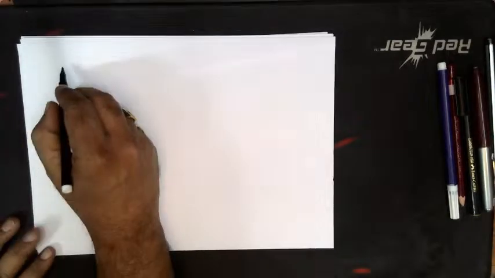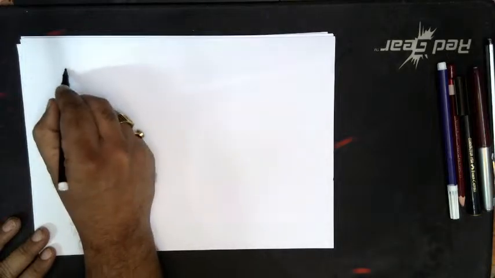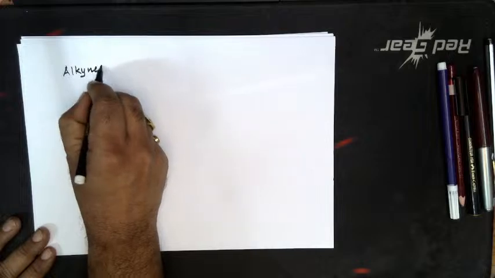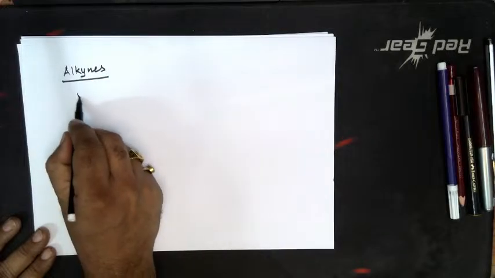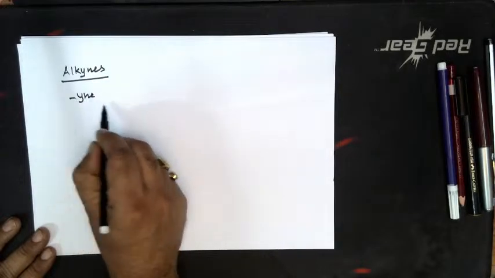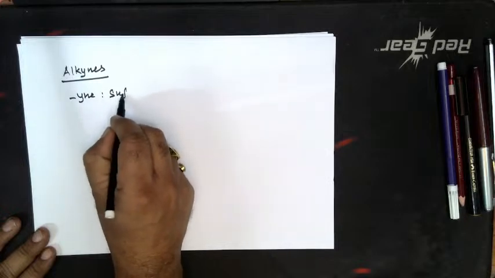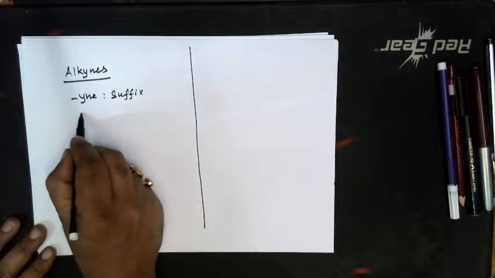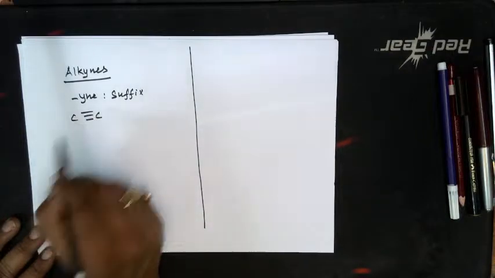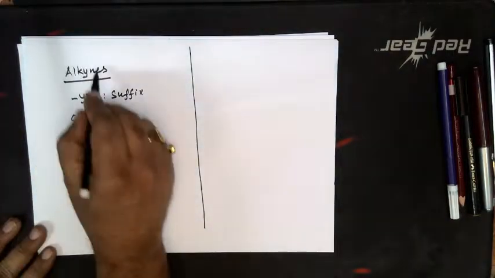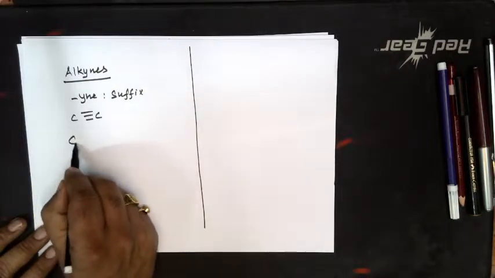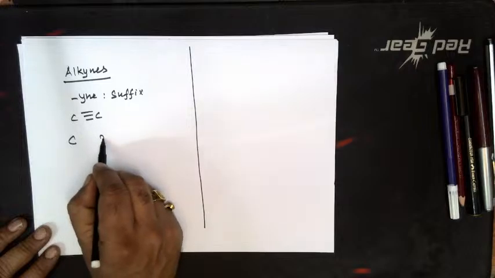You can also write down simultaneously: alkynes, YNE is the suffix. It means it has a CC triple bond. And we already have the alkyl group prefixes. If you have 1 carbon, you call it meth.